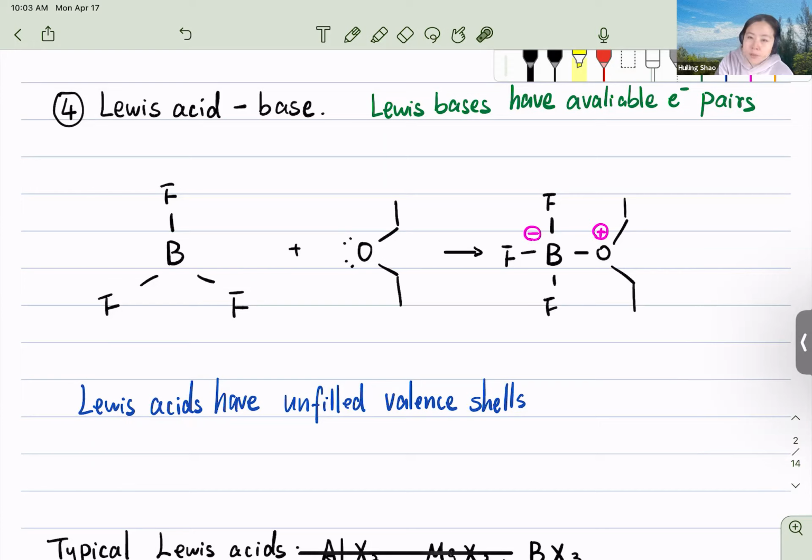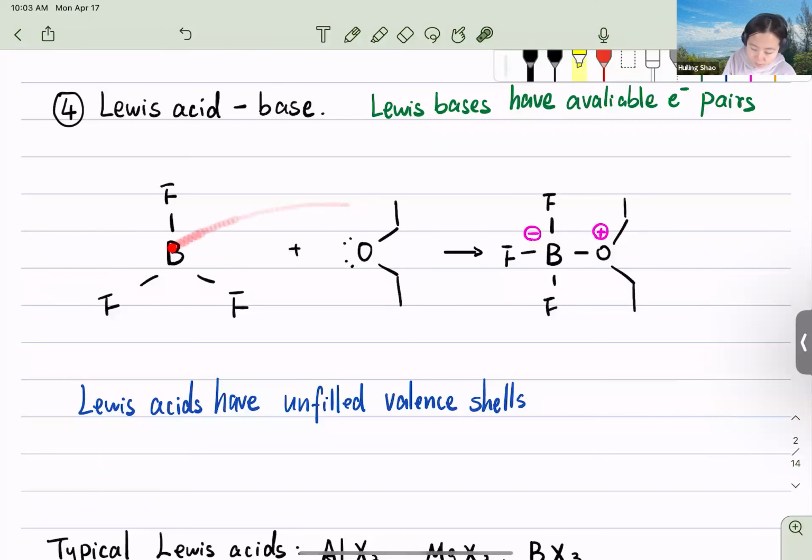In organic chemistry, more often we're dealing with another concept called Lewis acid-base. The idea here is similar to the Bronsted acid, but slightly different in some ways. In Lewis acid-base, we are not necessarily working with charged species. Rather, we have new definitions of Lewis acid and Lewis base.